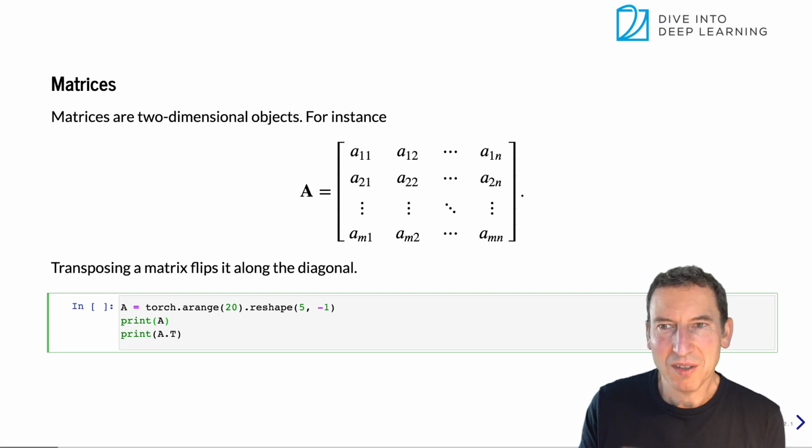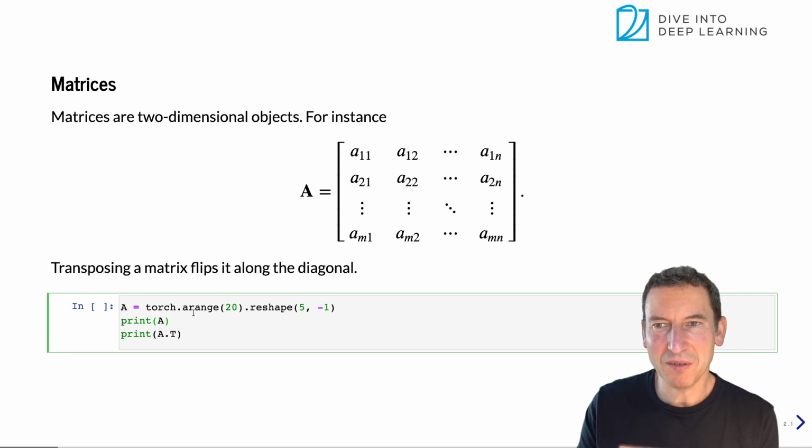And so I'm going to create a 5x4 matrix. I'm going to do that by creating numbers from 0 to 19 and then reshaping it to be a 5 by whatever's left over, and then I'll print the matrix and its transpose.